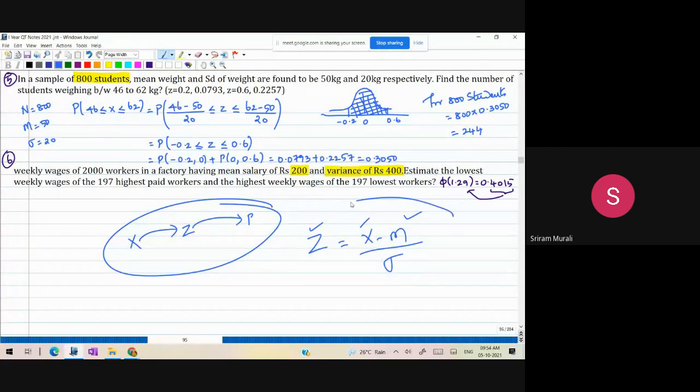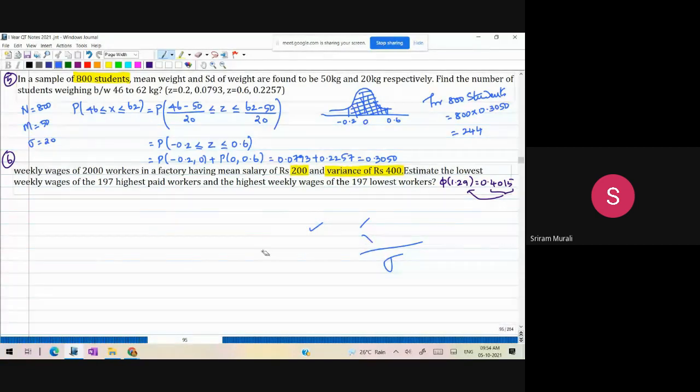So in the 5 variables, any 3 will be given, you have to find the rest.